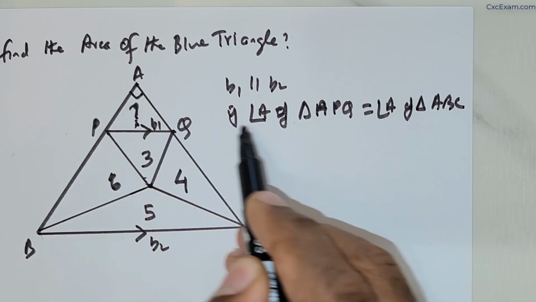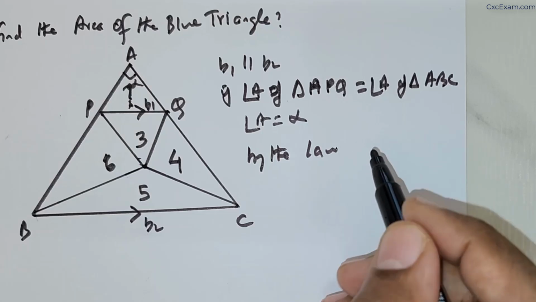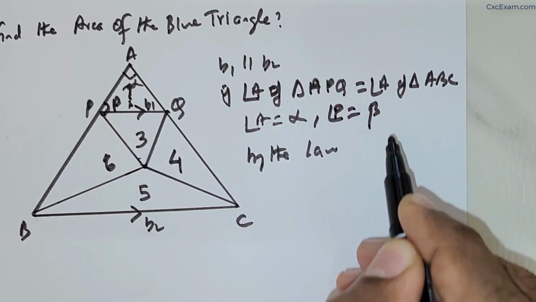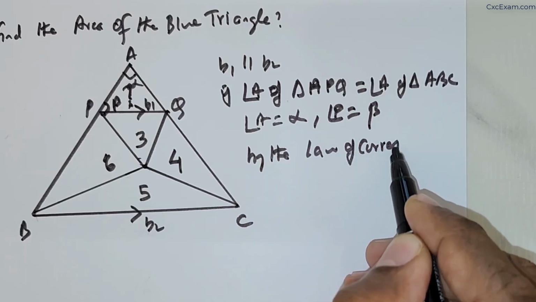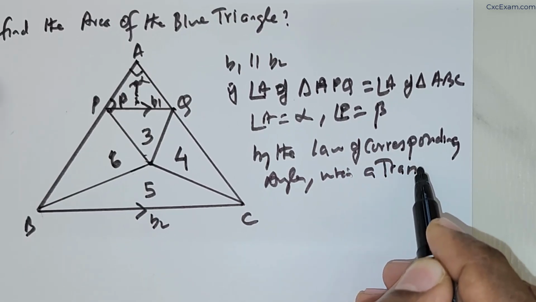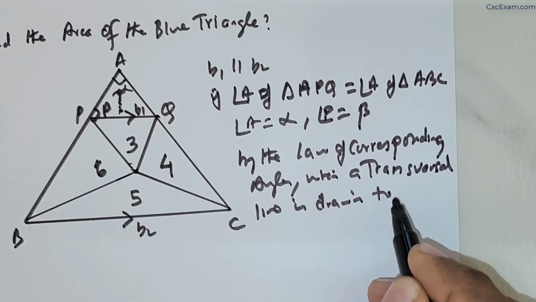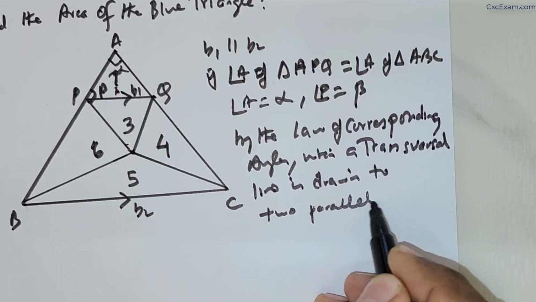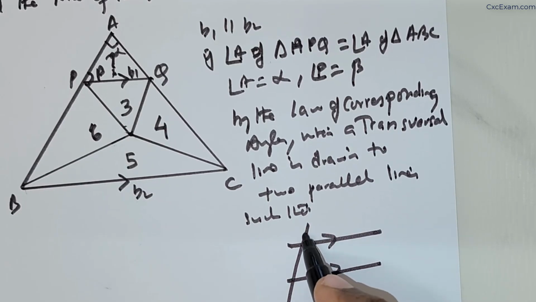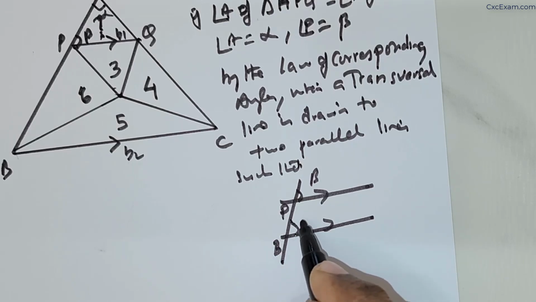And then if I were to take this angle, say some alpha, and this angle is beta, angle at P is equal to beta, then by the law of corresponding angles, when a transverse line is drawn to 2 parallel lines, such that you have a parallel line like this, you have a parallel line like this, you're drawing a transverse line like this, and if this angle is beta at say P and this is B, this angle will also be beta.